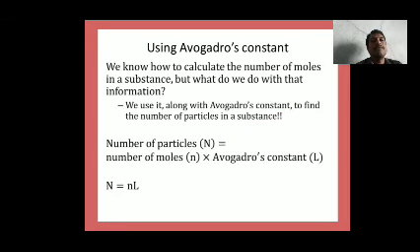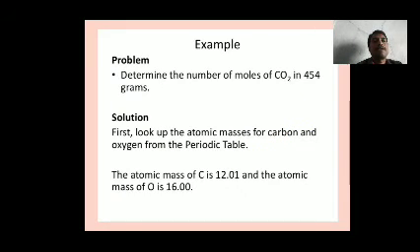Once again, we repeat our problems. Determine the number of moles of CO2 present in 454 grams. First, look up the atomic mass of carbon and oxygen from the periodic table.